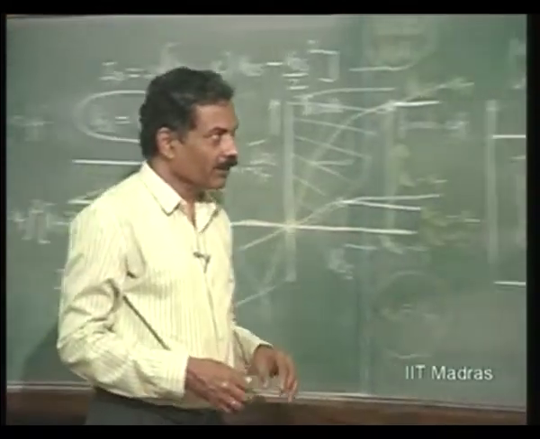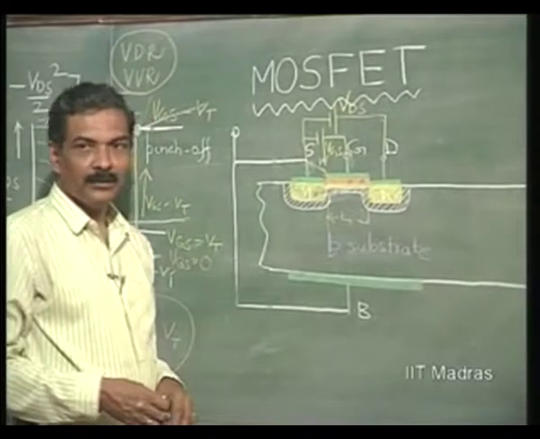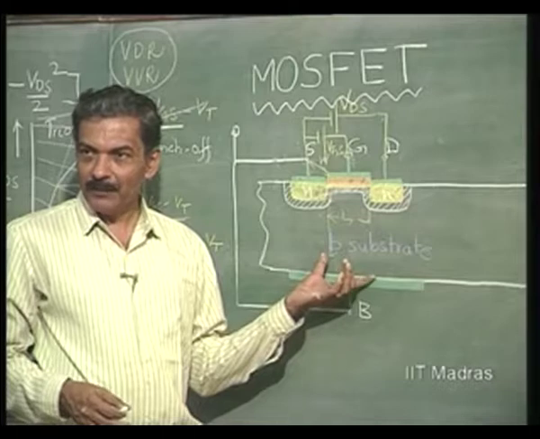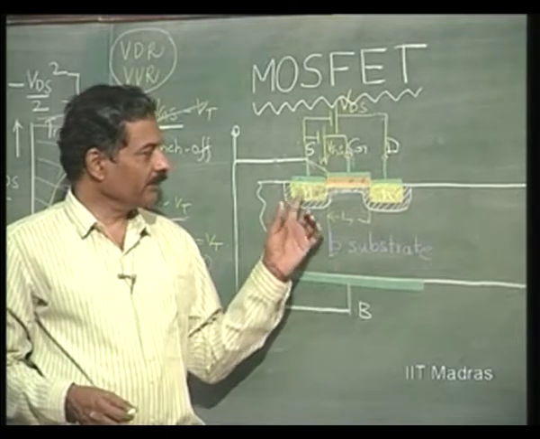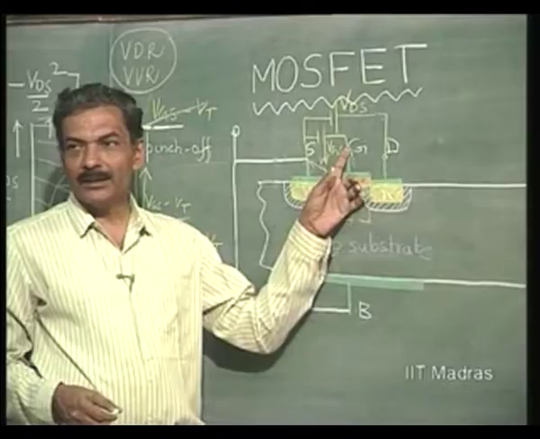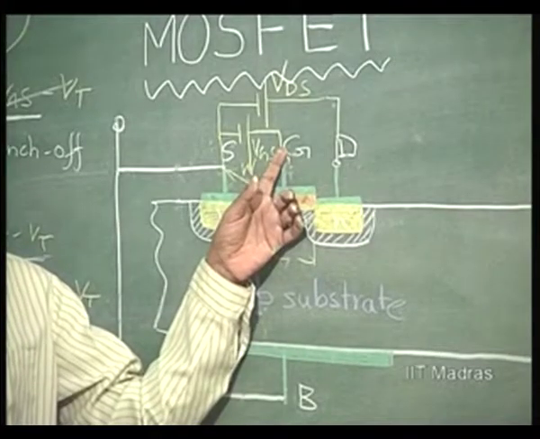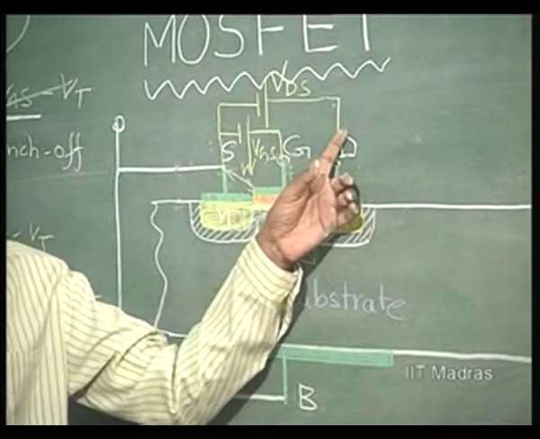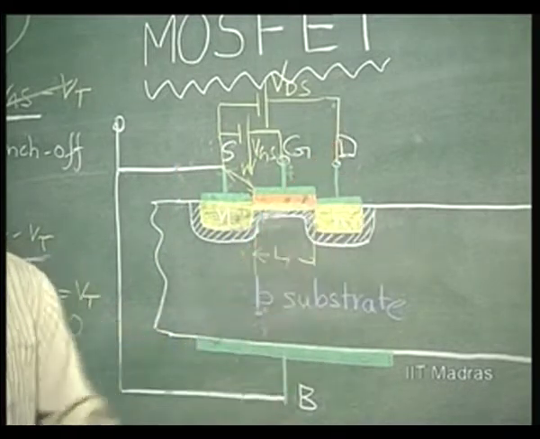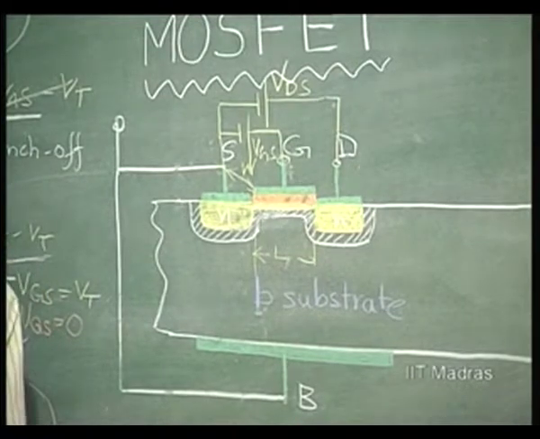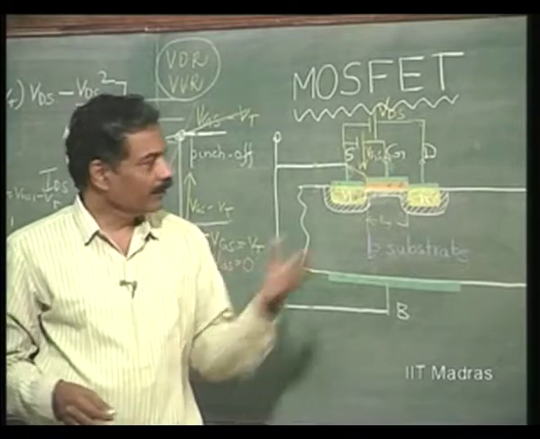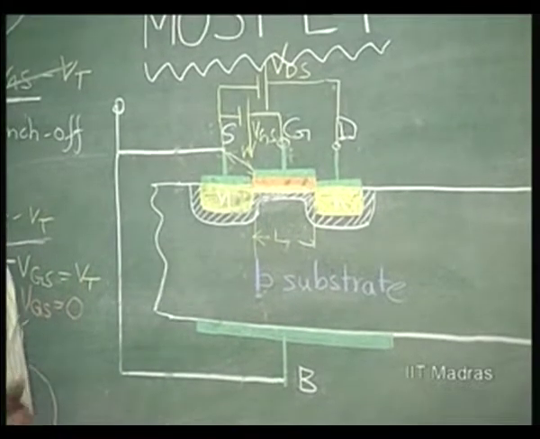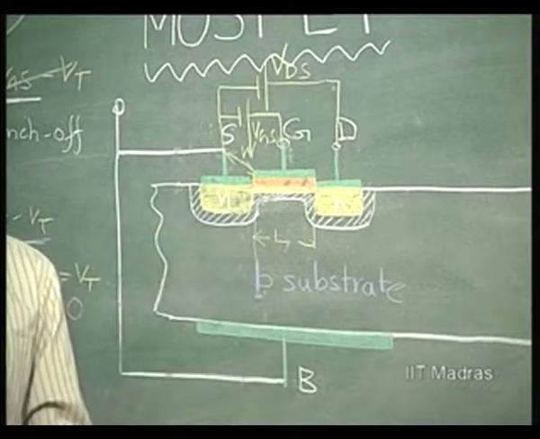In the P channel MOSFET, we have an N type substrate, and then this will be P, and this biasing will be negative with respect to source, and this biasing will be again negative. Therefore, the threshold voltage itself is going to be negative. The point at which the channel gets formed is itself negative. Except for that, the other discussions remain the same.